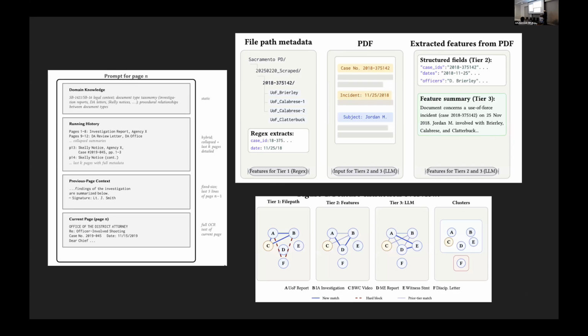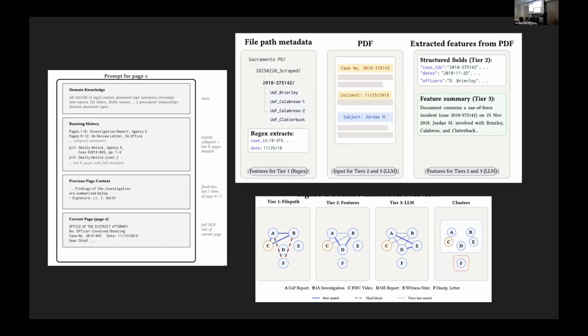Here are a couple of diagrams related to a couple of those problems. What you see on the far end is the approach that we've settled on to date for our page stream segmentation, that is, finding the ends and beginnings of documents within a large file. And what you see over here is a little diagram of how we've been doing file clustering, that is, clustering files into incidents or investigations.